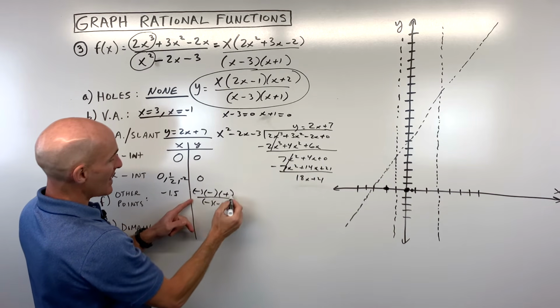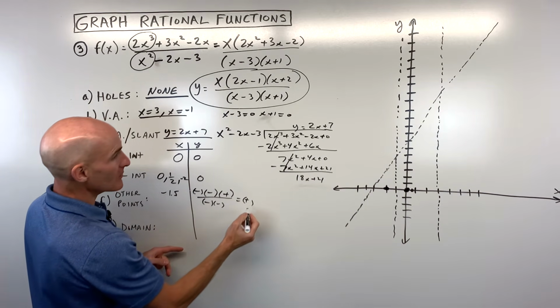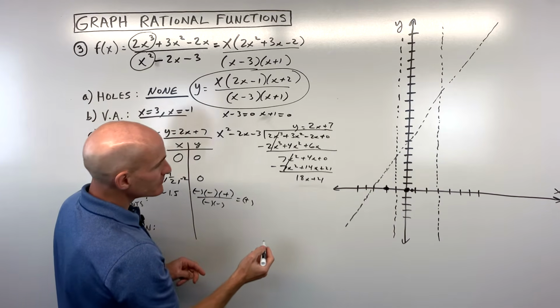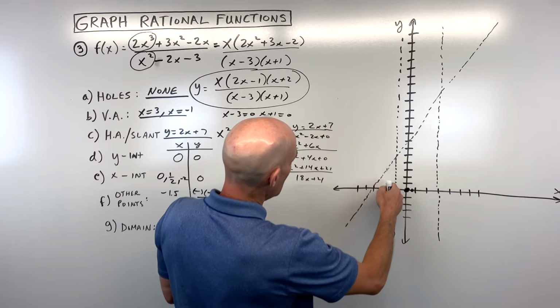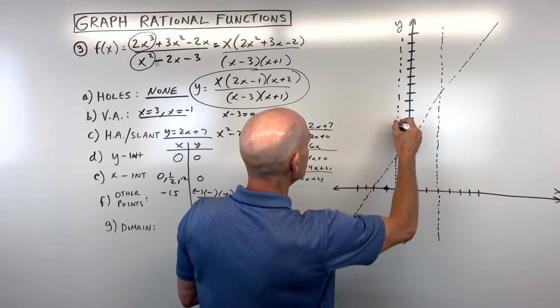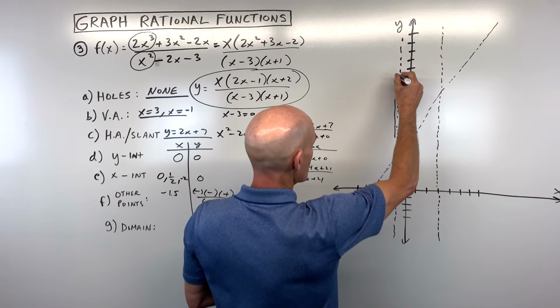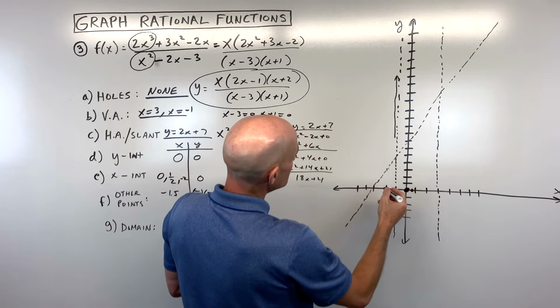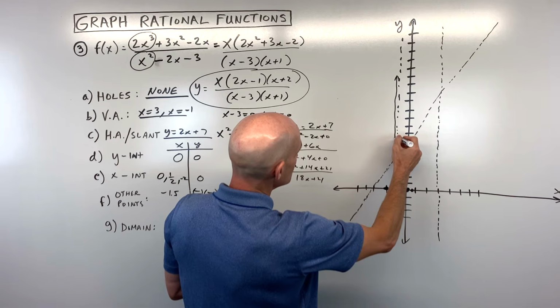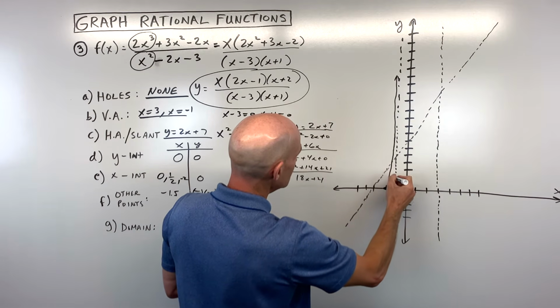Okay, so we get a positive divided by positive, which is a positive. So what that tells us is that this graph is actually going to go up towards positive infinity right here when we're just to the left of this vertical asymptote. So what's happening here, I don't know if you can see this, is this graph is basically going like this.